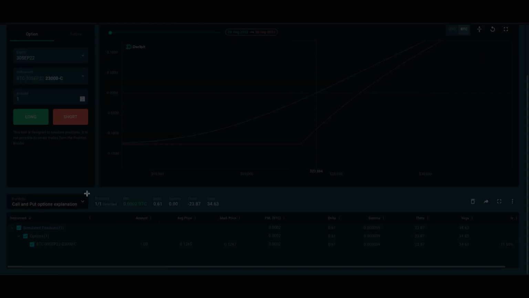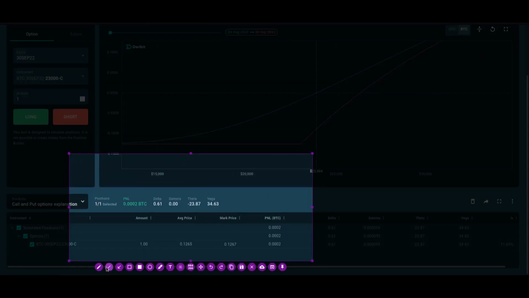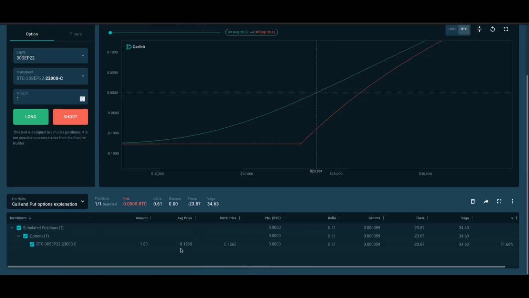Option cost is here: average price and market price. The average price is the price of our position, and the market price is the current price of the option. So we will get losses about the same as the average price at which our position was opened.